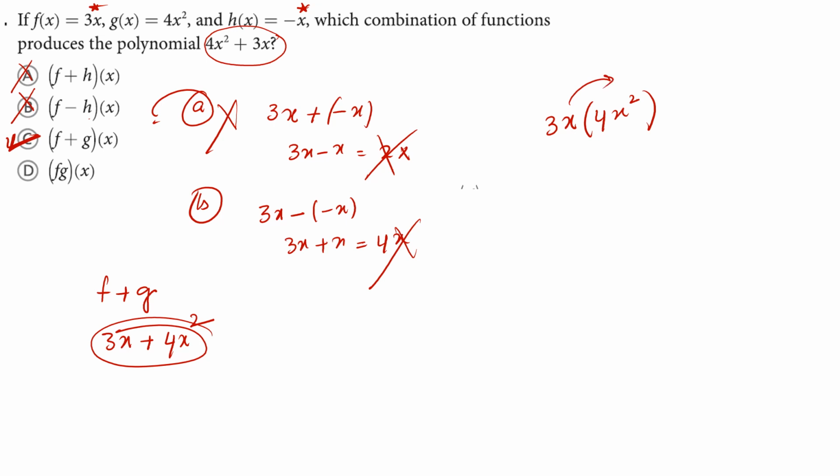When we multiply the coefficients, 3 4s are 12. And we add the powers if they have the same base. So we write the x as it is. Here no power, it means the power is 1. If we add 2 plus 1, we get the power 3. So definitely it is also not my answer. C is my actual answer.